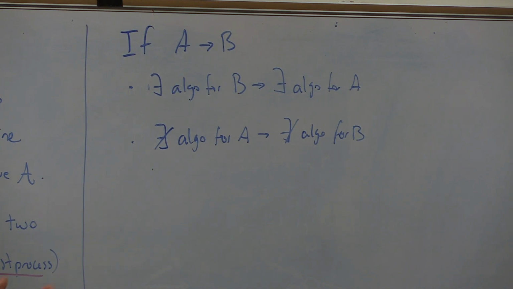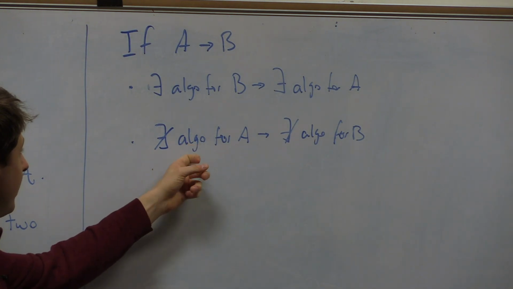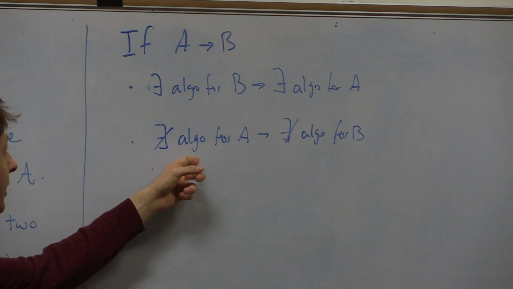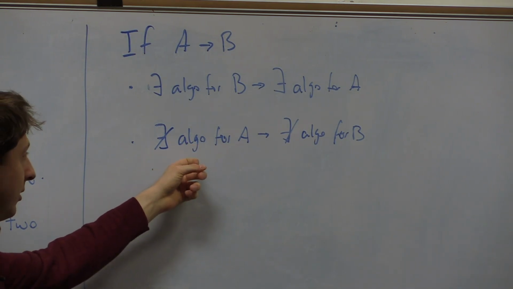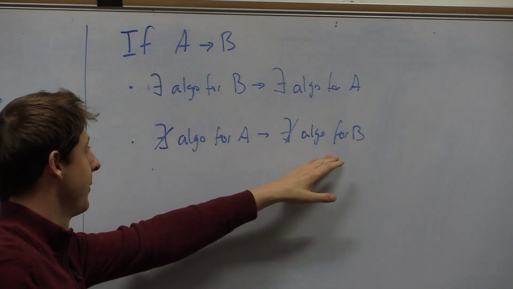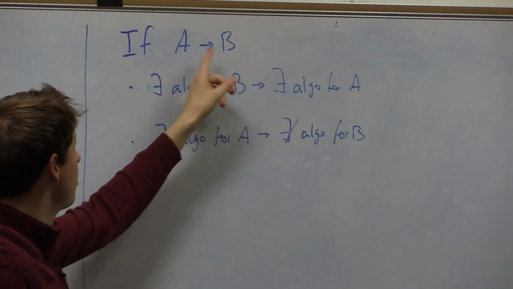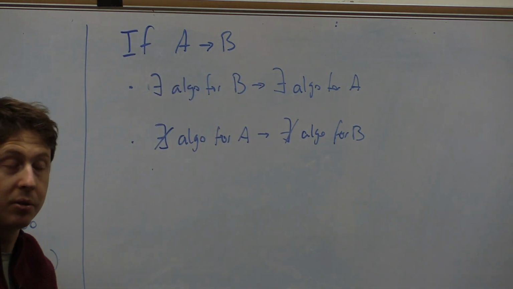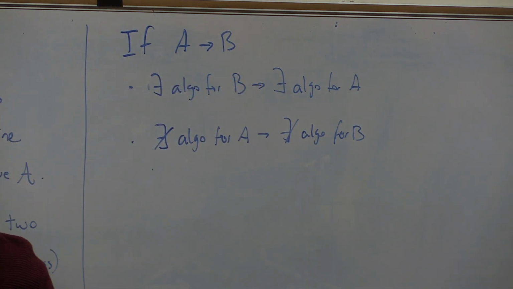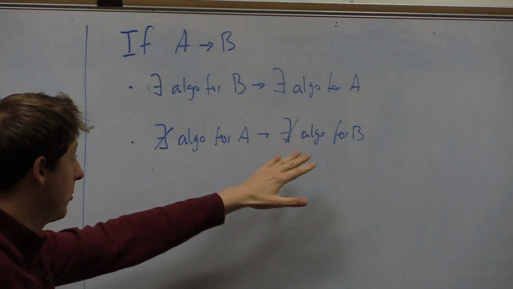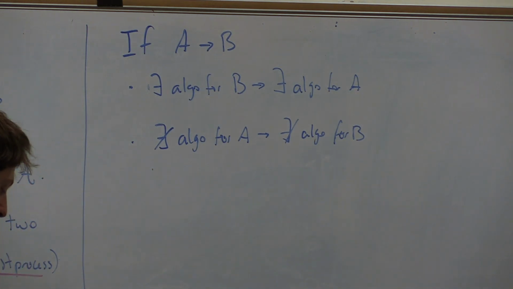If you believe that there is no algorithm for A, and you're wondering whether B is also a hard problem, one way you can do it is you can say, well, look, I can use B to solve A. So in a very precise sense, A cannot be easier than B. And in this respect, if you really believe there is no algorithm for A, then you should also believe that there's no algorithm for B.